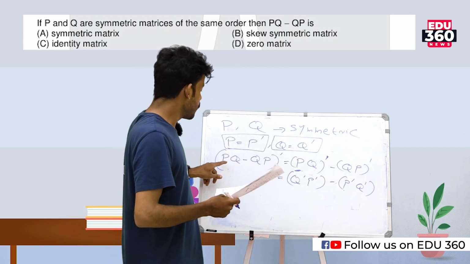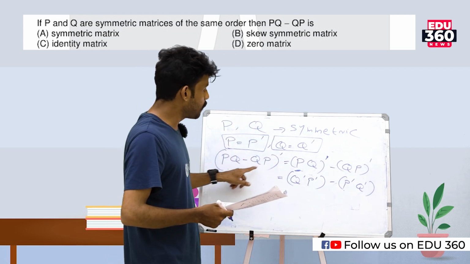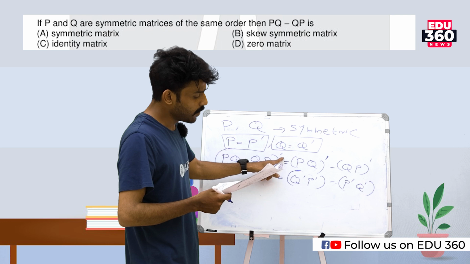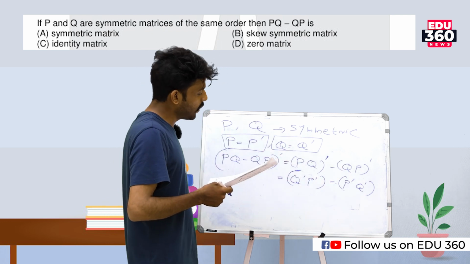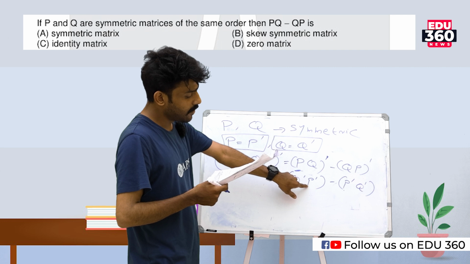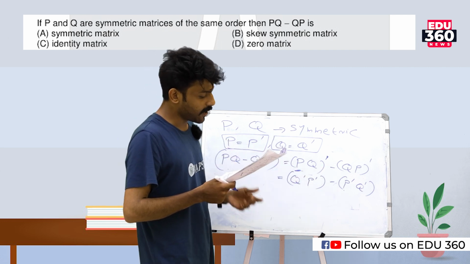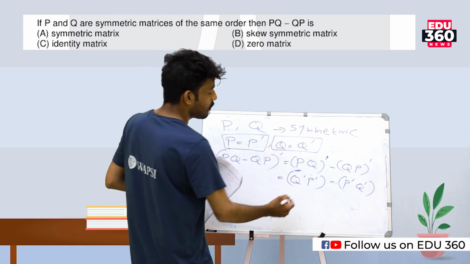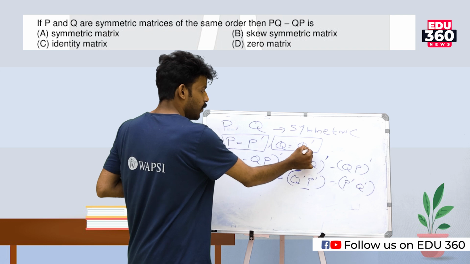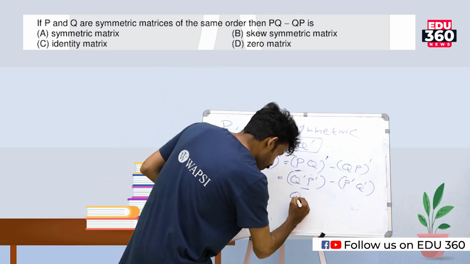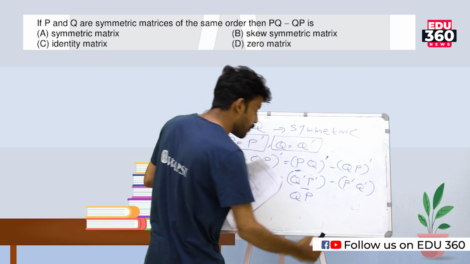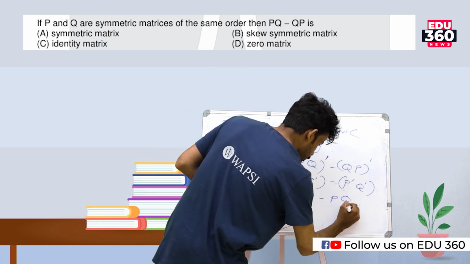So PQ minus QP all dash is equal to PQ dash minus QP dash, and hereafter we can write Q dash P dash minus P dash Q dash. So what is this Q dash P dash? That is equal to QP, so QP minus PQ.